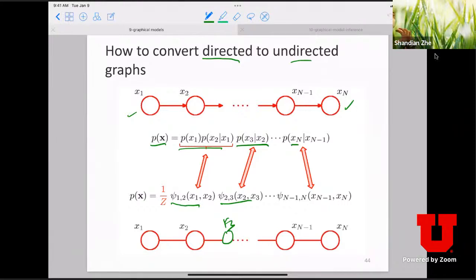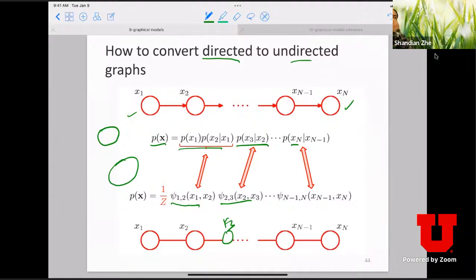But that doesn't necessarily mean the family of distributions represented by a specific directed graph model is the same as the family of distributions represented by the undirected graph model. Does it make sense?